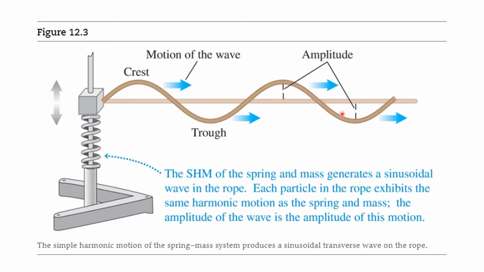You can see the amplitudes listed here, the motion of the wave, that's the velocity of the wave. Remember, the velocity of the wave is the frequency of the wave times the wavelength. So the simple harmonic motion of the spring mass system produces a sinusoidal transverse wave on the rope. They're closely related.